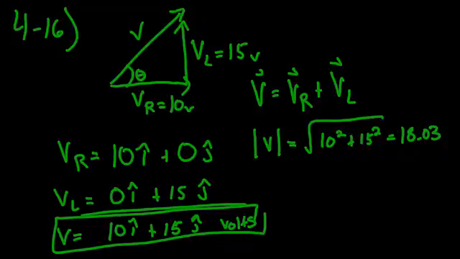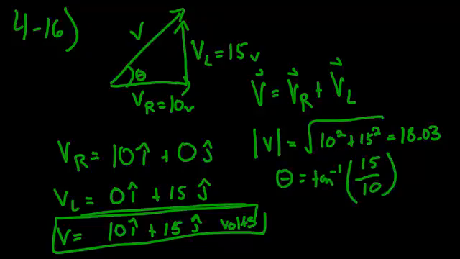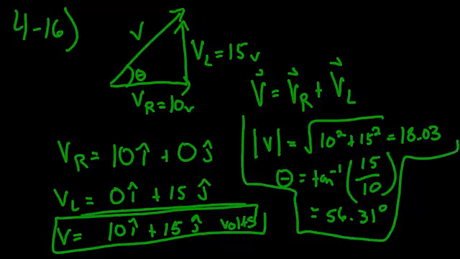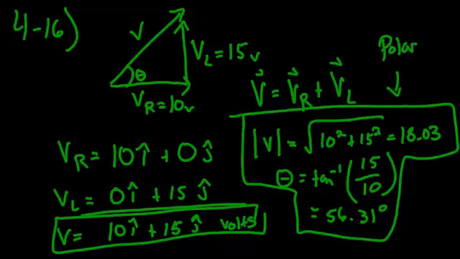Then the angle is found through the inverse tangent of 15 over 10. This comes out to be 56.31 degrees. This is polar, so theta equals 56.31. I had 5 instead of 15.